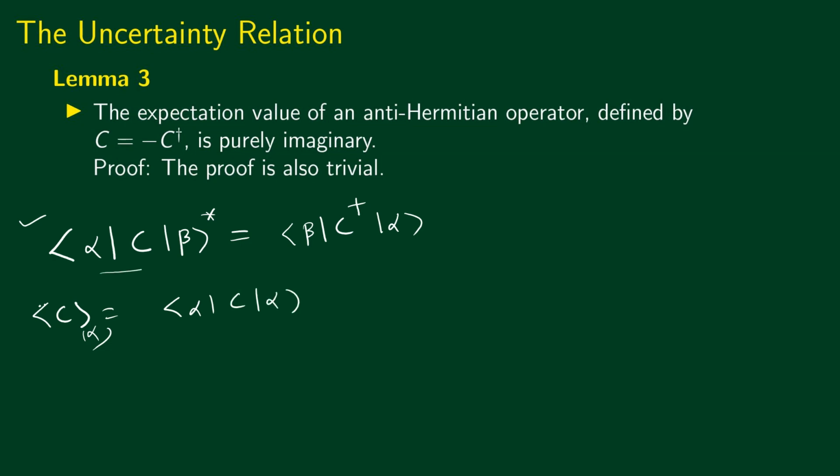Now the same relation says that bra alpha C ket alpha star is equal to bra alpha C dagger ket alpha.